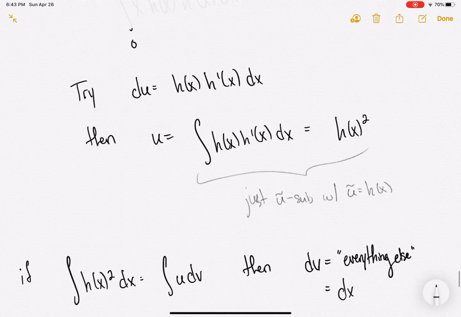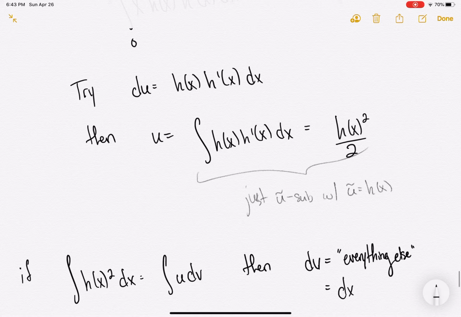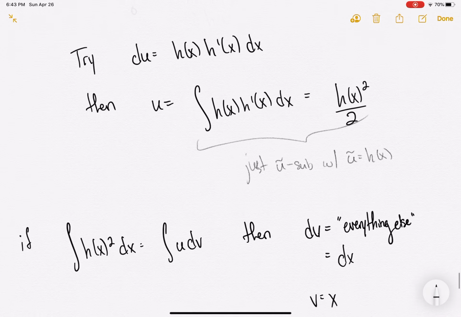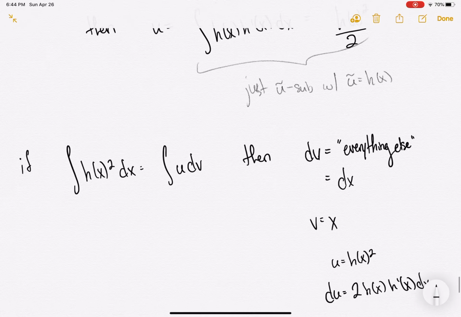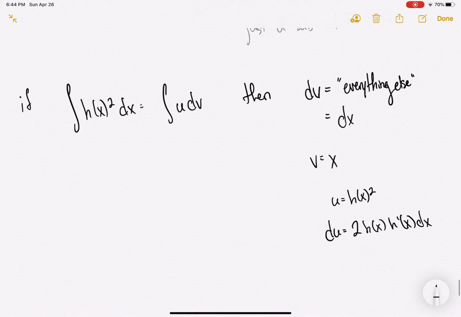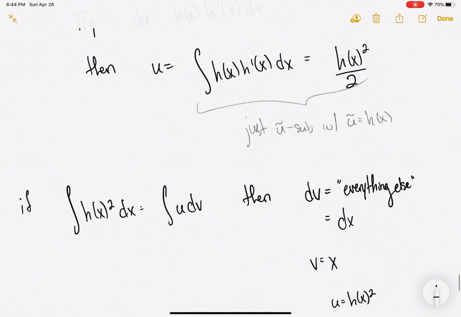Bam. Okay, so this was h squared over 2. Doesn't matter. Either choice is fine. H of x squared over 2, if du equaled everything else, then it would just be 2 dx. So either one's the same.